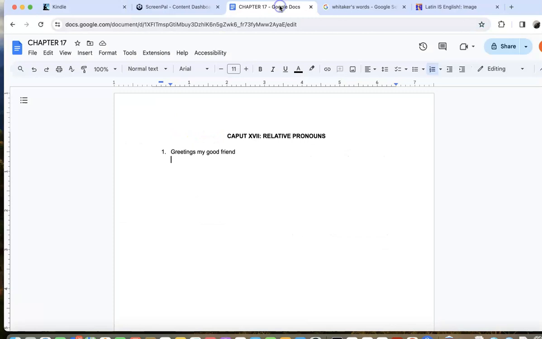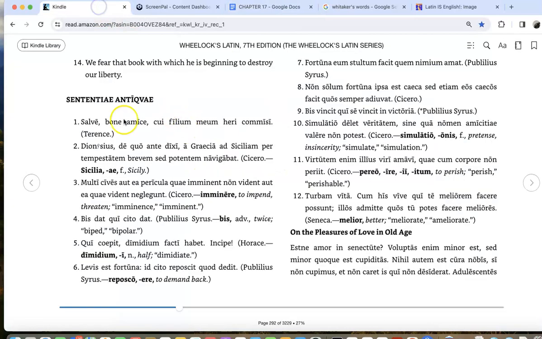So let me go ahead and write that out and then try to explain it. Greetings, my good friend, to whom I sent yesterday my son. As always, you could change the word order, for example, where to put yesterday. I tend to keep it a little bit literal.